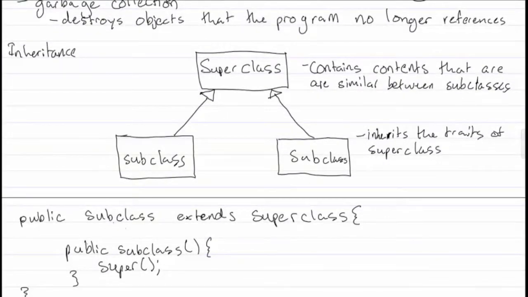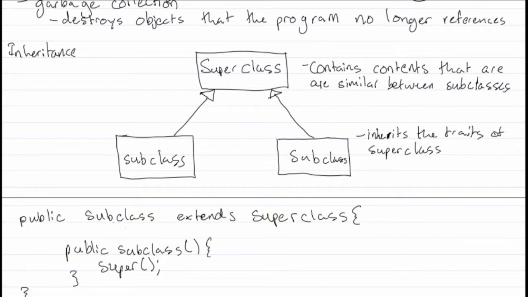The superclass has things like: my animal has a heart, my animal has skin. Those are very general things about an animal. The subclasses are things such as mammals, reptiles, or fish. And wait, what are the sea creatures? I don't know. I'm not a biology guy.